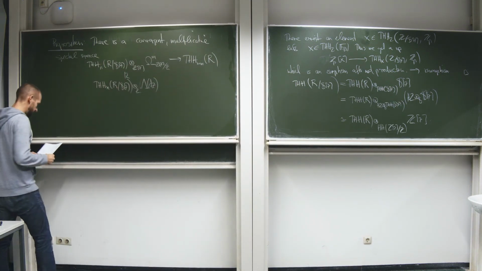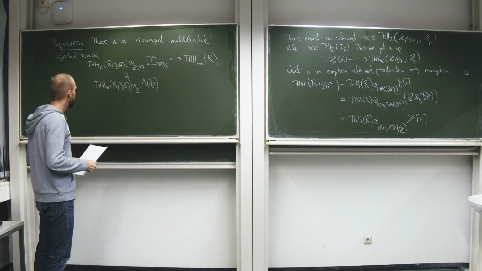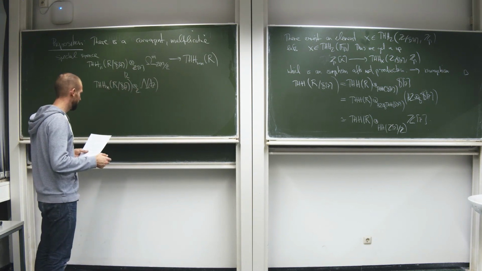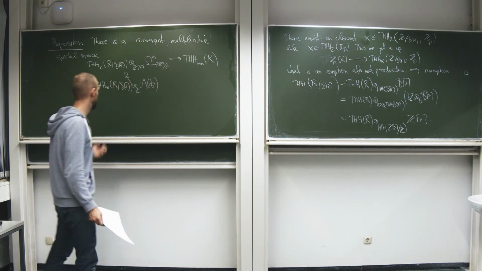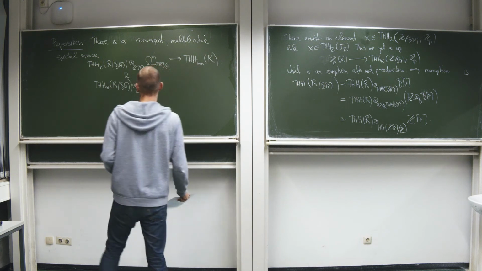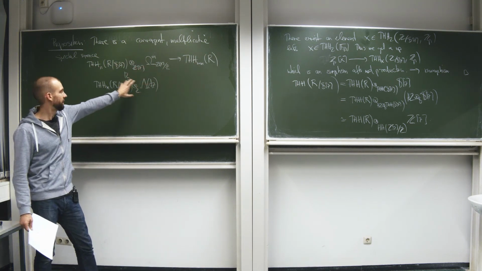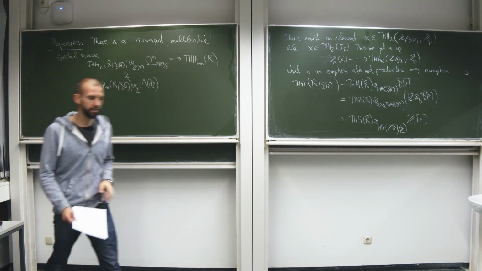Okay, good. So this is the last tool that we'll need. And what we're going to do is apply this now in the situation of the integers. And again, there's a similar spectral sequence if I p-complete everything inside. I just wanted to save some board space.